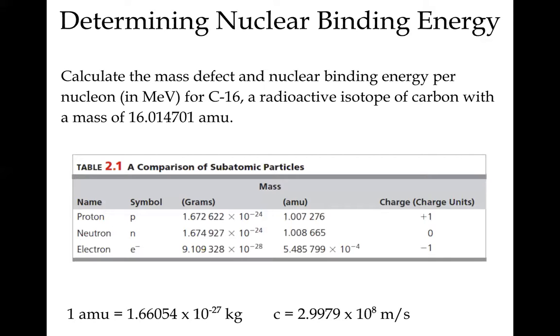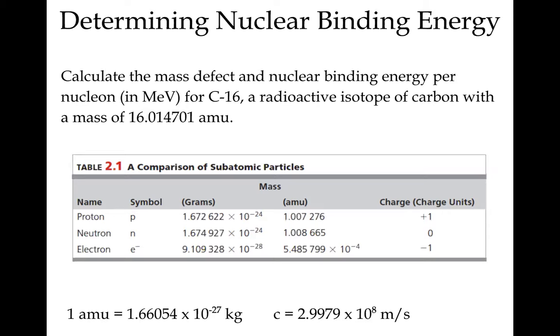We're saying calculate the mass defect and the nuclear binding energy per nucleon in mega electron volts for carbon-16. That's the radioisotope of carbon-12, and it has a mass of 16.014701. Okay, so keep that in mind.